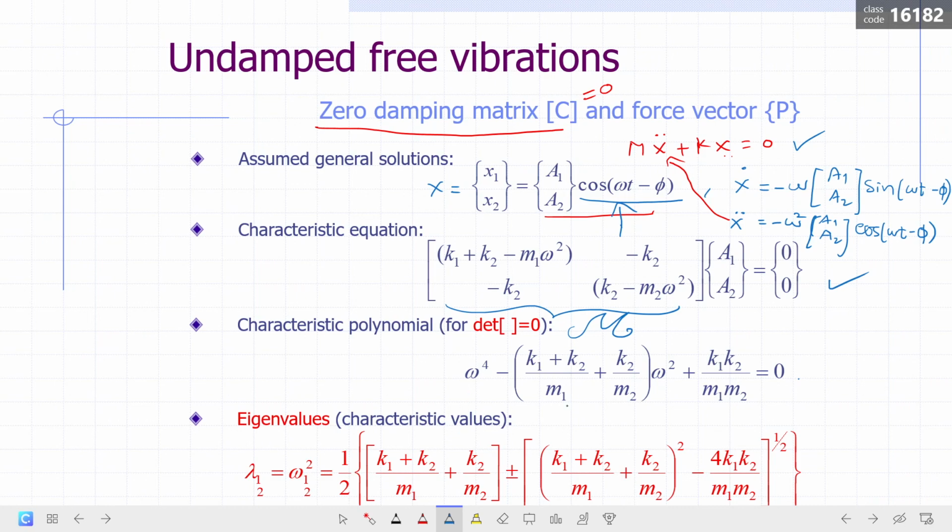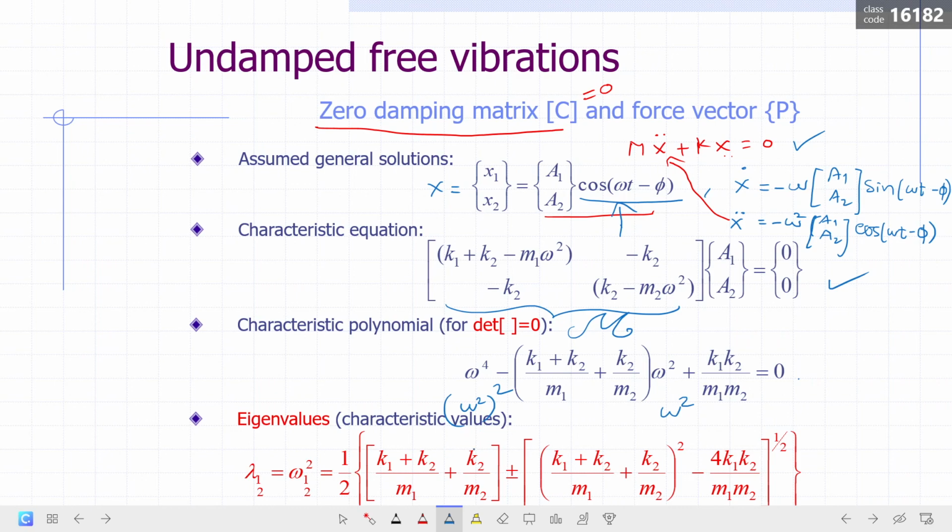First we find omega square 1, 2 equal to this, using big omega square here, and then omega square here. So it's just like a second order polynomial equation in terms of omega square, right?